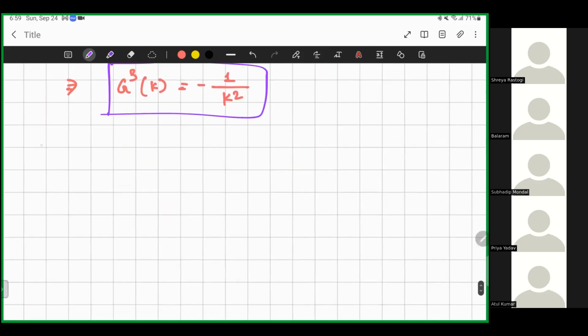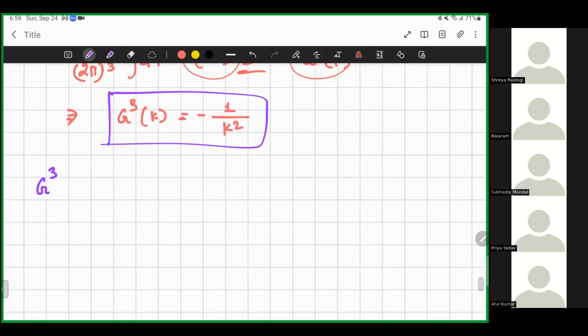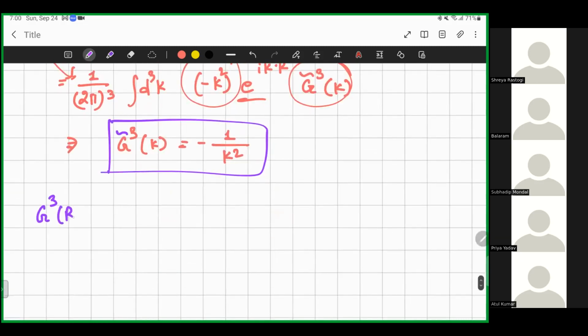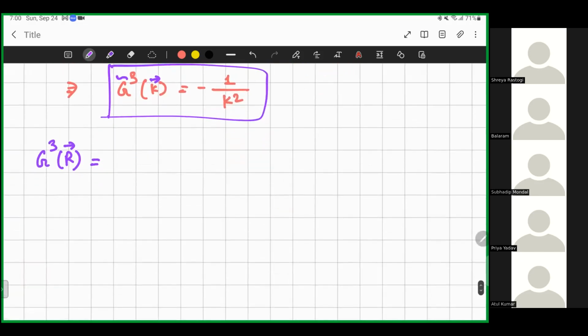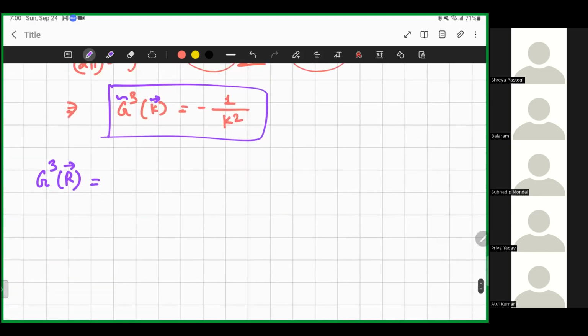Now easily we can shift it to the r space. I'm missing the vector sign, so it is always the vector. Now this will be 1 by (2 pi) cube, integration e to the power i k·r divided by k square. How?